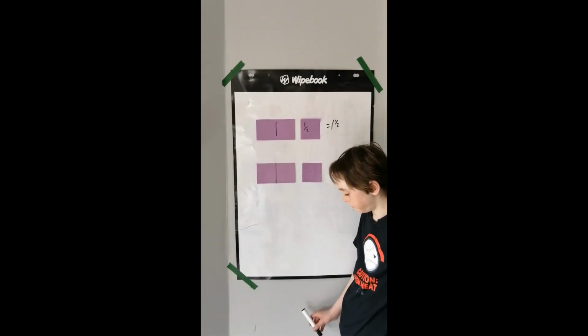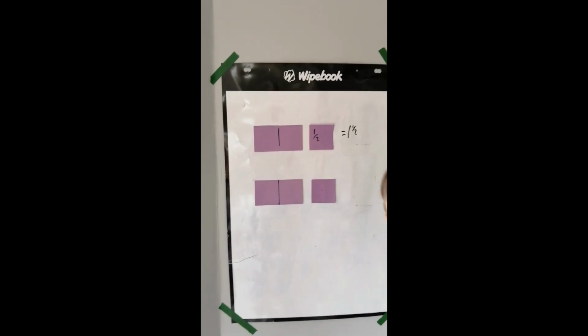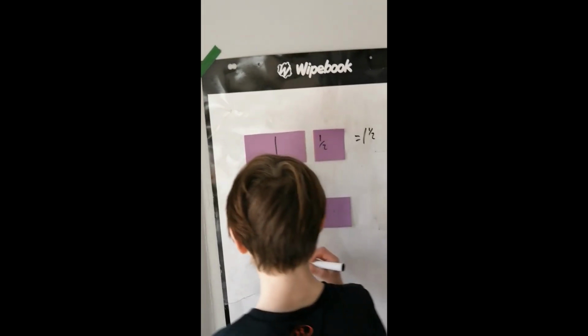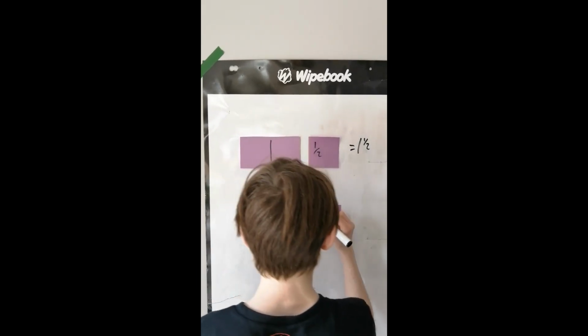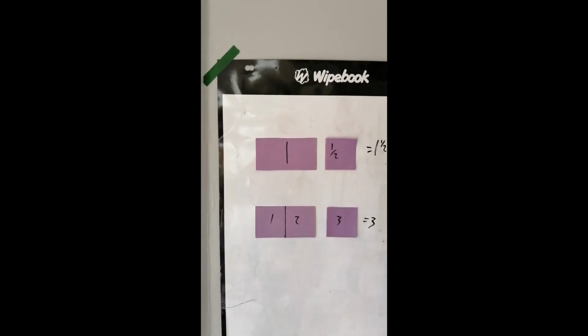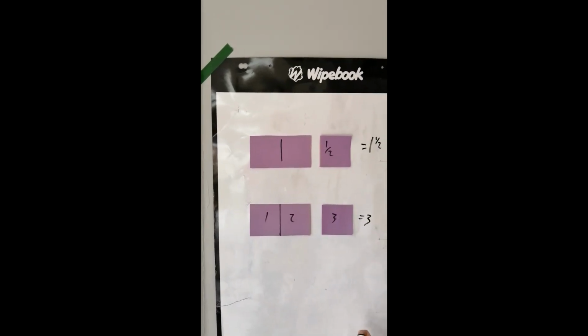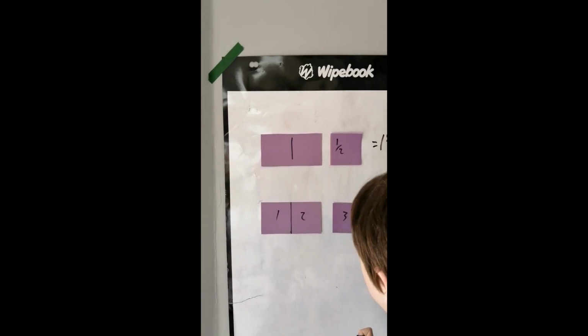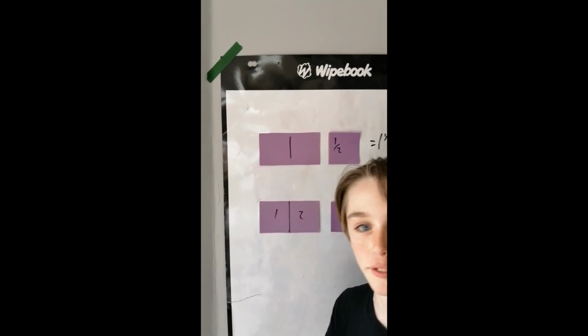So, Mark, how many pieces are there in the bottom one? There's 3. Can you label them for me? 1, 2, 3. So we've got 1, 2, 3 pieces. Good. Can you write equals 3? Okay, let's talk about how big each of those pieces is. What fraction of the whole does each of those pieces represent? 1/2. 1/2.